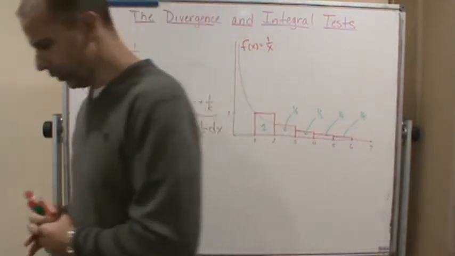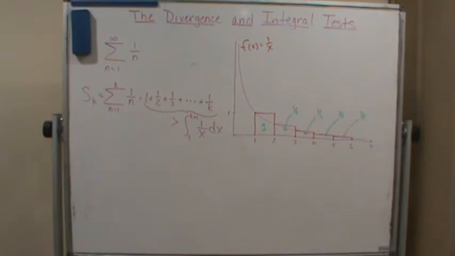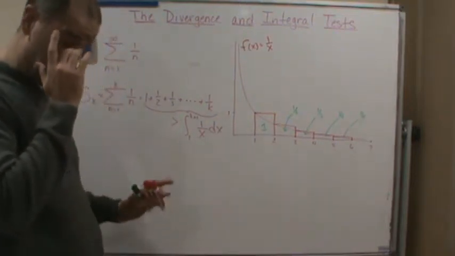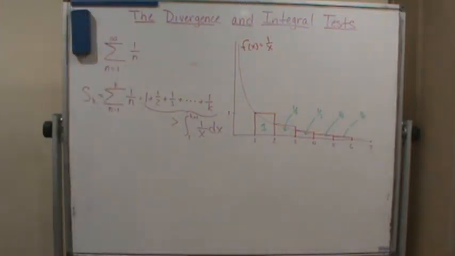Okay, so here's the situation we have here. So I'm going to set it up. So we've got the harmonic series, and last time we looked at the partial sums, the sequence of partial sums, to show that the harmonic series diverges.